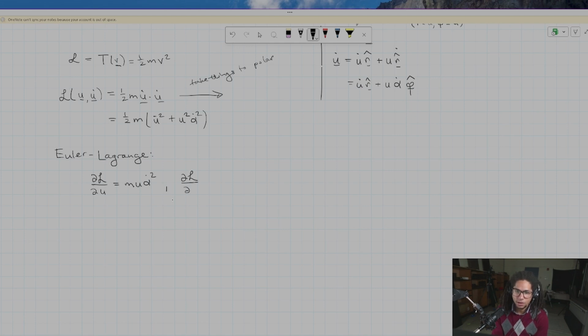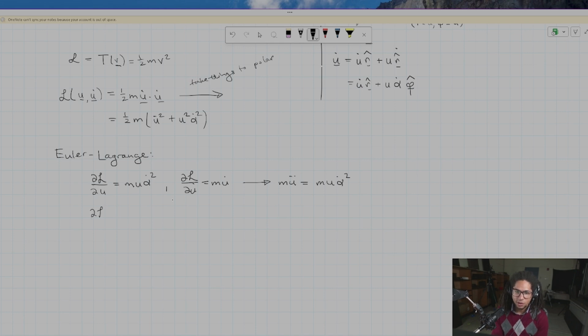And dL/du dot is just m u dot. So my u Euler-Lagrange equation is m u double dot is equal to m u alpha dot squared. Good.